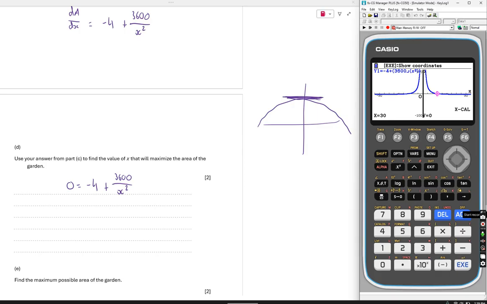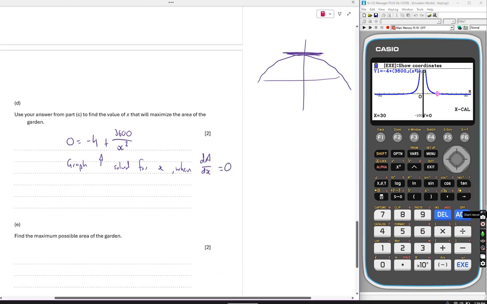So all I've done here is graph that function. I have solved for x when dA/dx equals 0, and it has given me an answer of x equals 30.